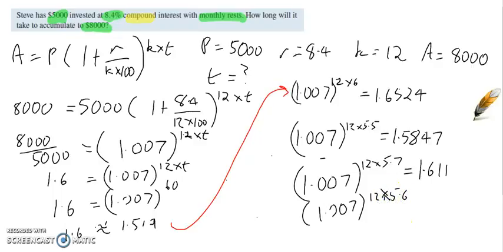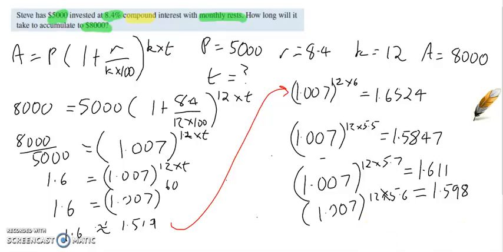Jeez, the writing doesn't get good down this edge of the board. Sorry about that. And I get 1.598. To be honest, that's really, really close. If I just round it, I'd get to 1.6 pretty quickly. So when I'm looking at it, it is 5.6 years. We would prefer you to write it as years and months. So 0.6 times 12 is 7.2.